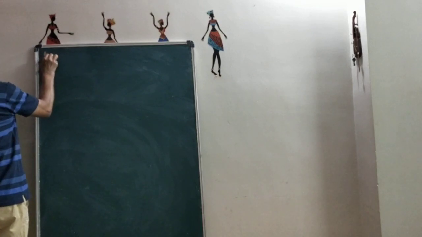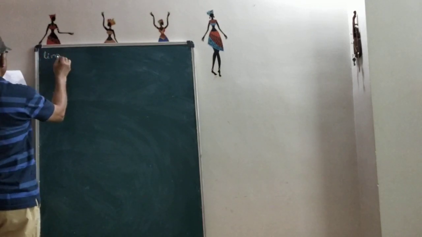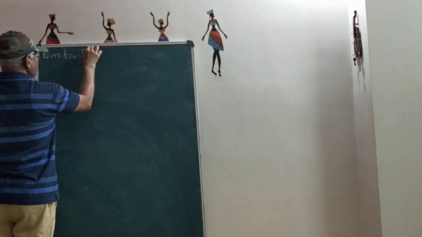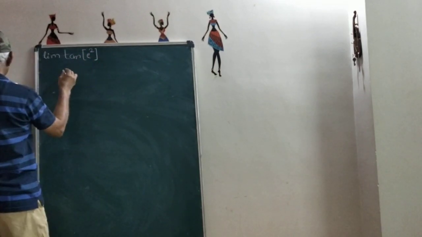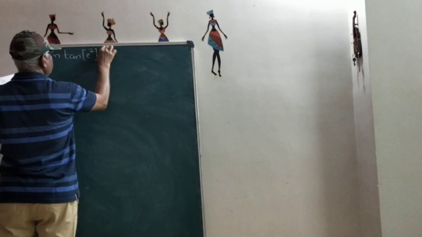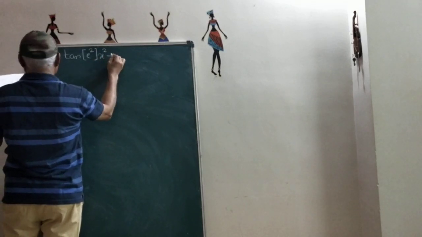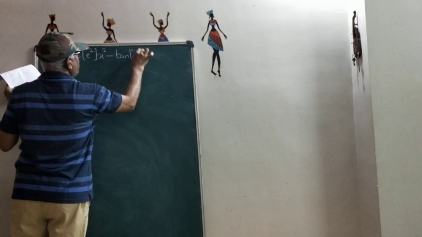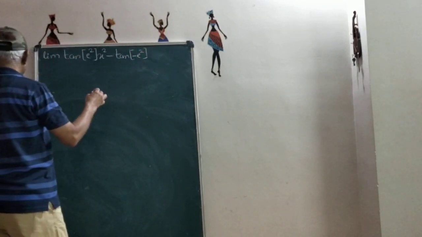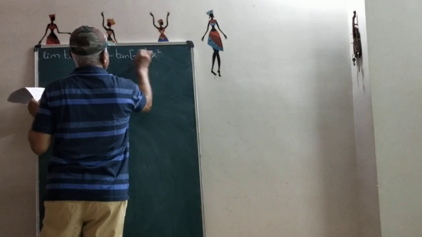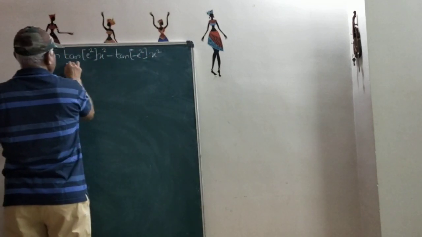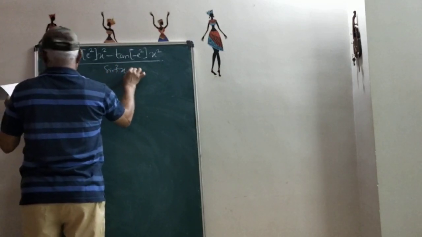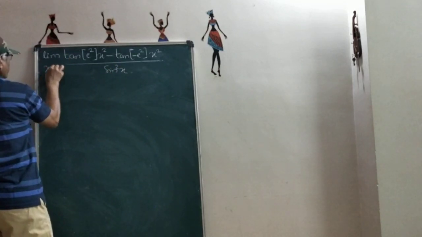Limit of tan of greatest integer e square into x square, minus tan of greatest integer minus e square into x square, divided by x sin square x as x tends to 0.